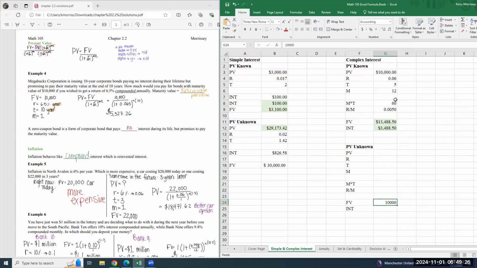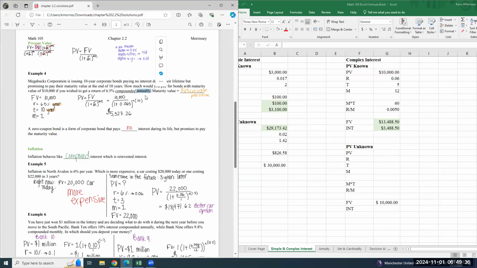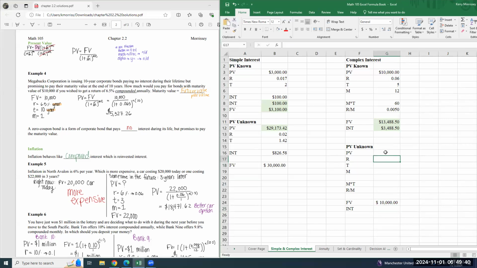We want to know how much do we put into it to get this $10,000 out. So again, I'm going to put it as a monetary value. We have your rate at 6.5% annually. So annually is talking about a year. So let's see, 0.065. T, it says 10 years, those match.